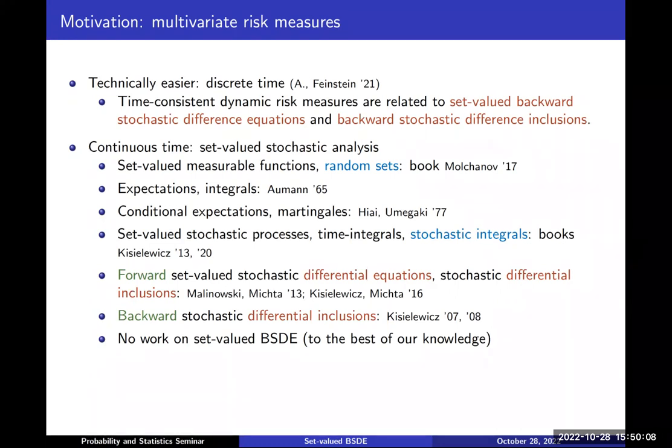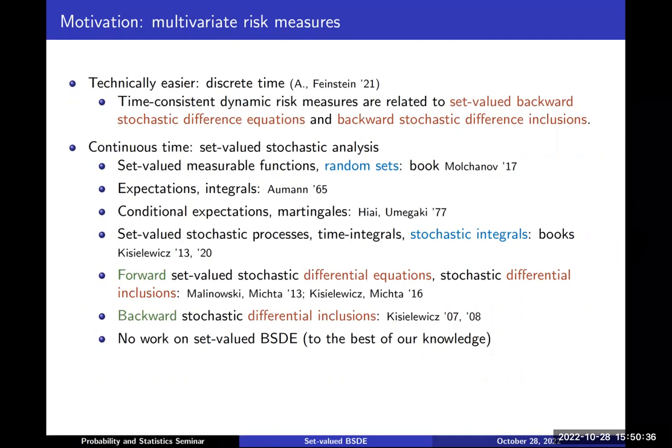There are a couple of works by a Polish group of researchers, mainly on set-valued stochastic analysis. For instance, Kisielewicz has some works on backward stochastic differential inclusions on a limited class of inclusions. Also, there are works in the forward situation, stochastic differential inclusions and forward set-valued stochastic differential equations.